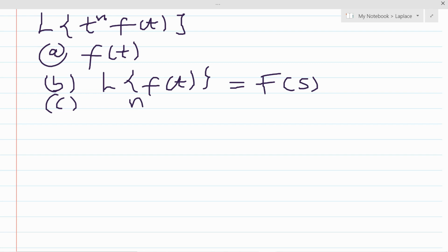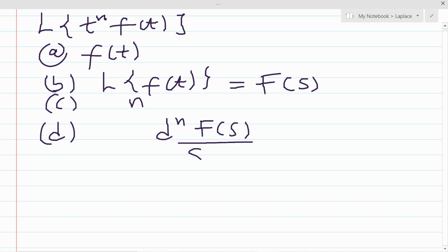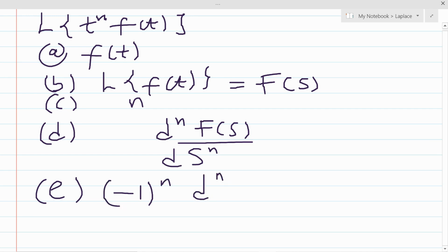Then you find the nth derivative of your capital F of s with respect to s. Then the last thing you do is multiply by -1 to the power n of the nth derivative of your capital F of s.